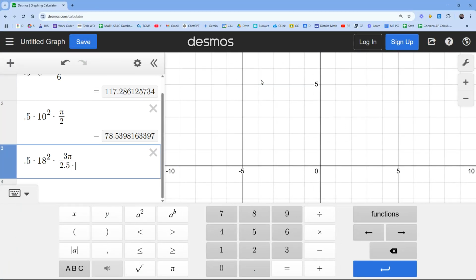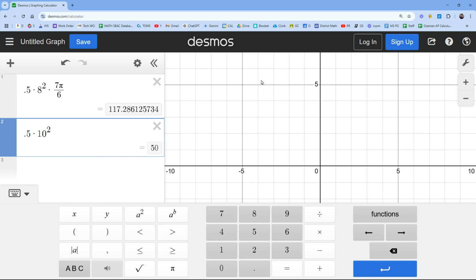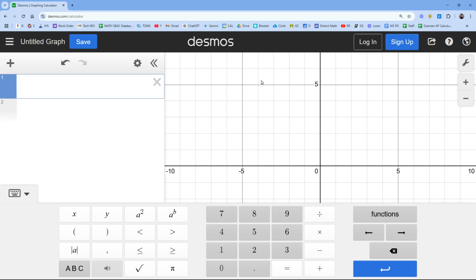So 0.5 times 5 squared times 3 pi over 2. And you get 58.9. Done. Oh, and units, right? Meters squared.